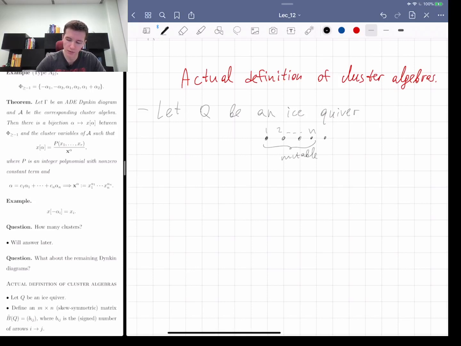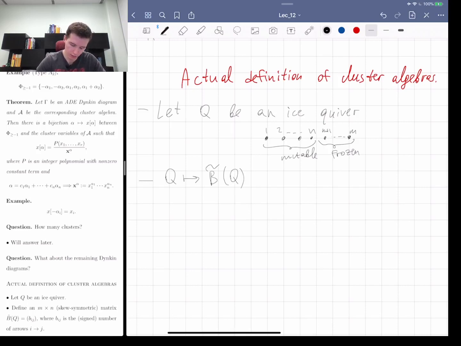And then the rest, n plus 1, up to m, these vertices are frozen. And then there are some arrows between these vertices. And to this quiver, I'm going to associate a matrix. That's going to be denoted B tilde of Q.